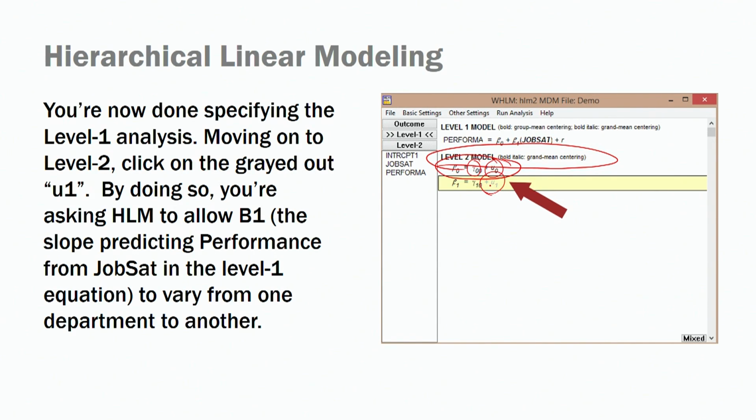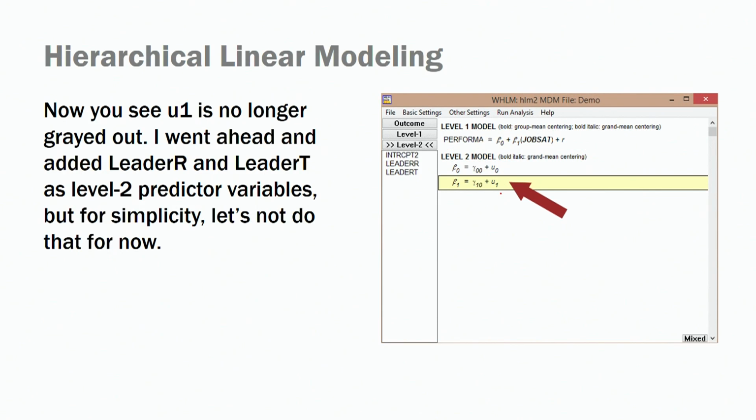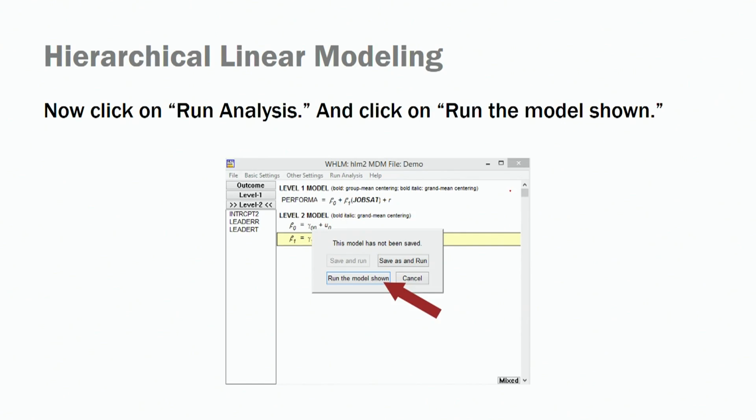So you need to double click on this mu here, mu1, to activate the random slope. You see, if you double click it, now your mu1 is black. It's not gray anymore. We are ready to run our model. Just click on run the model and we'll see what will happen.